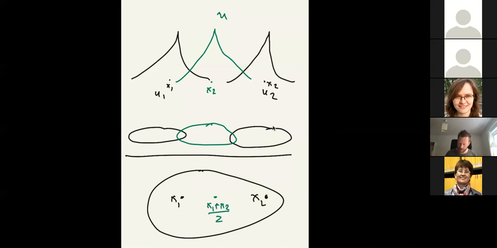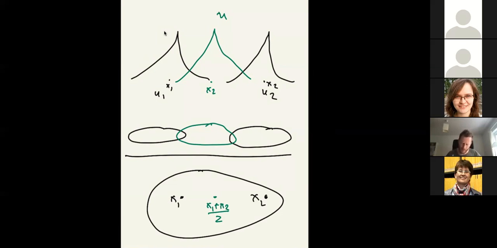And then the point is, of course, to try to prove that this new function will be an extremal and somehow conclude that this forces all these functions to be the same. Okay, so hopefully this explained a little bit what the geometric idea is behind this.